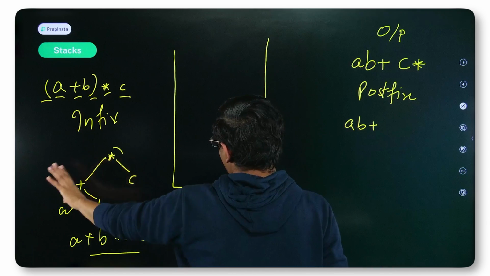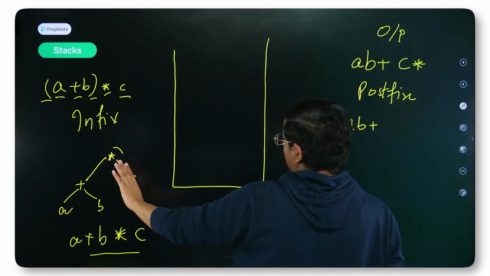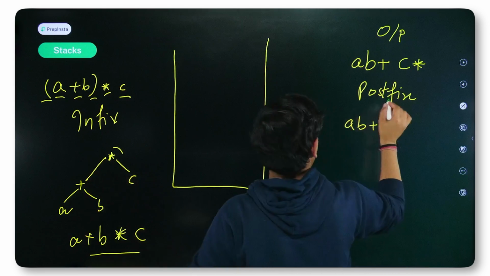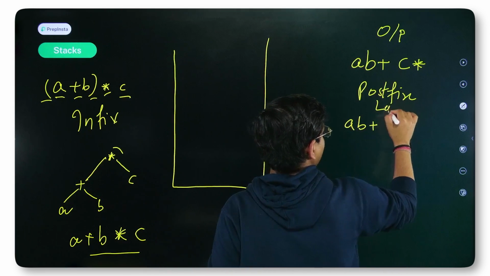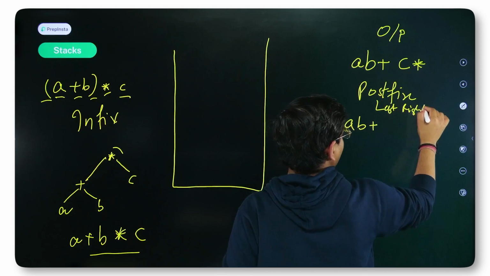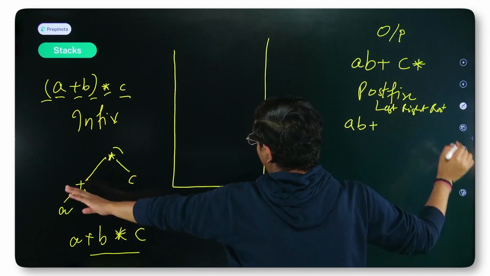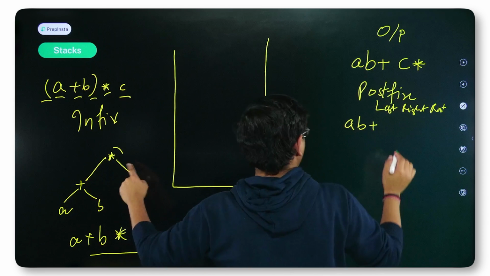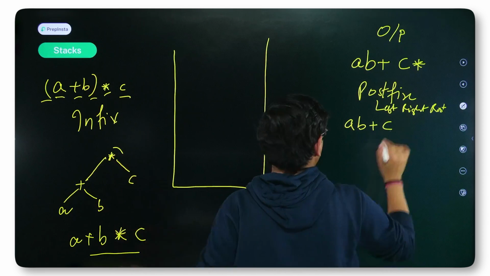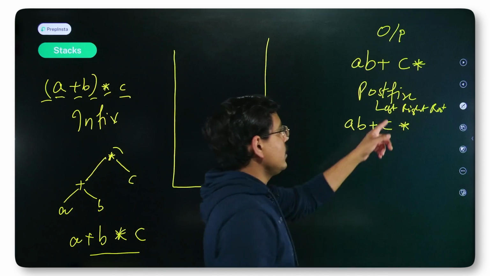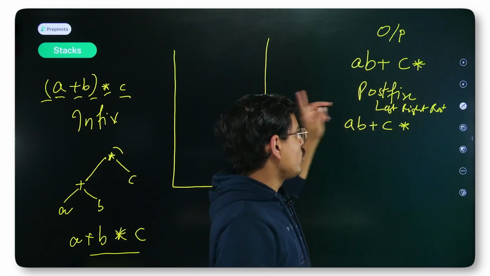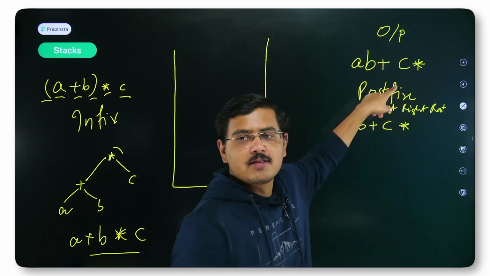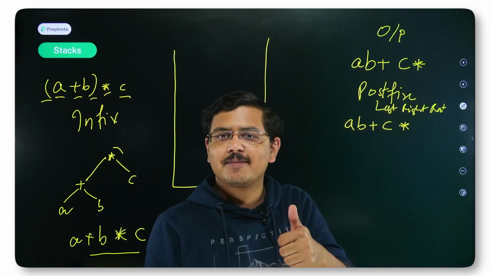After this, left is done, and in postfix it was left, right, and then root. So I come to the right subtree, right is c only, and then root, which is this. Through both ways, through stack and through tree, we have verified this is the postfix expression. Am I clear?